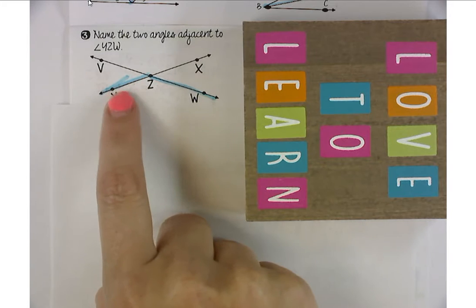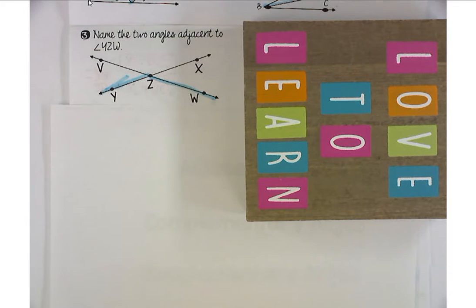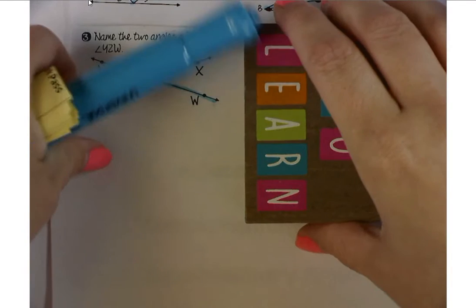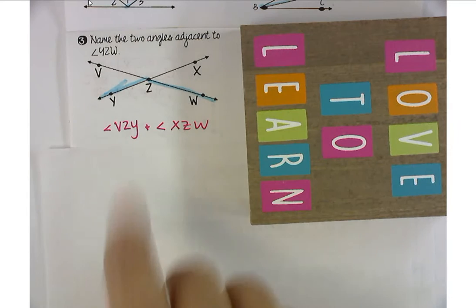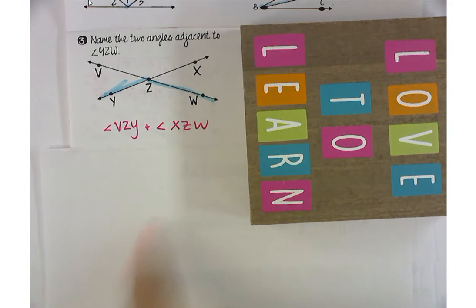So Robert, tell me what they are now. VZY. Yep. And? Then XZW. Good. Okay, so VZY and then XZW. You could also call it YZV, that would be fine, or WZX. Okay, good. So the two angles adjacent, they have to share the side, okay?